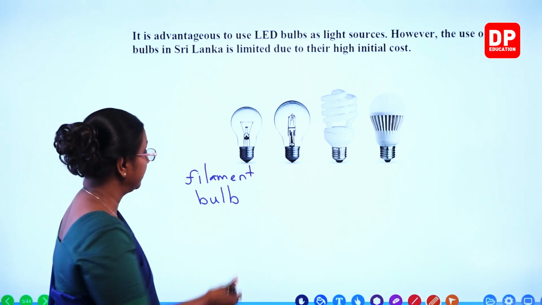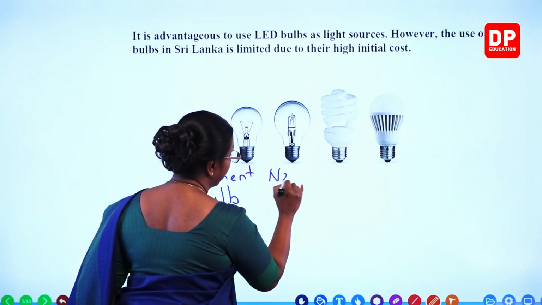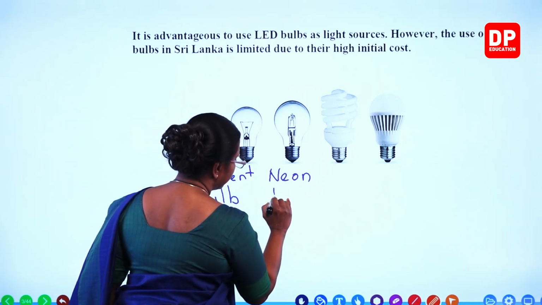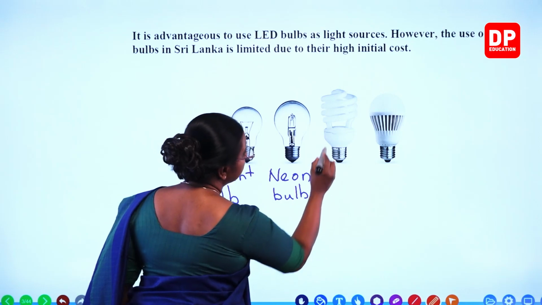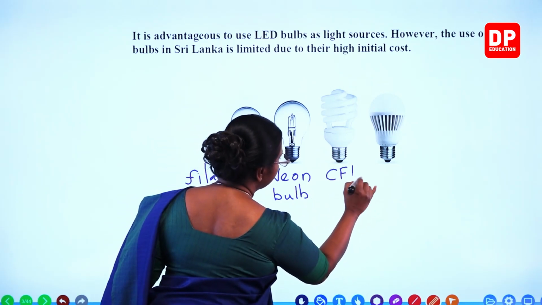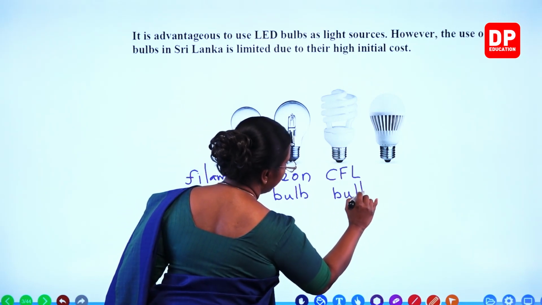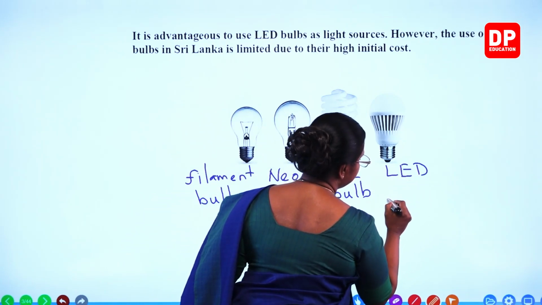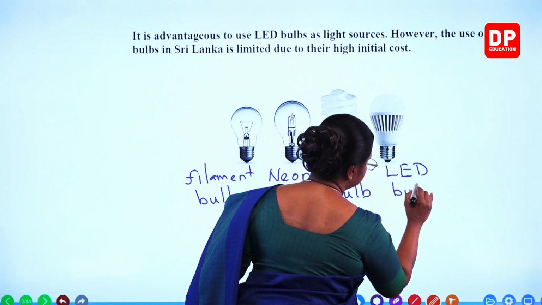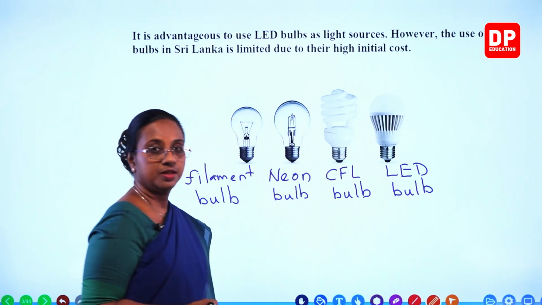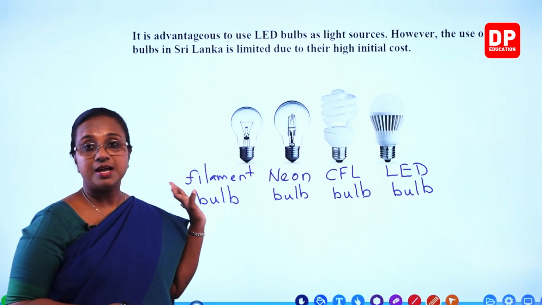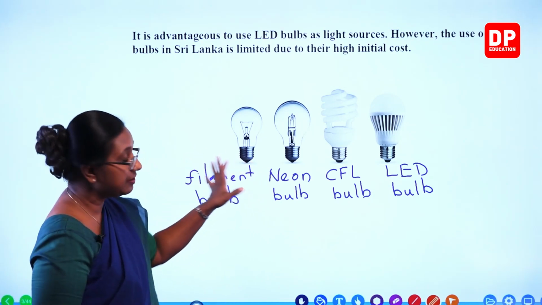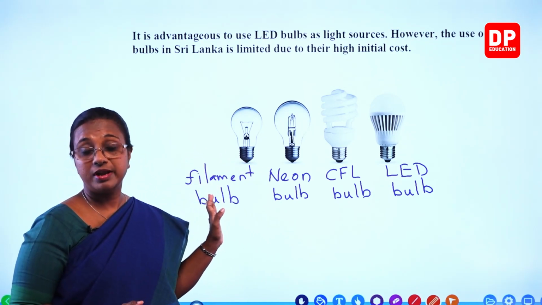When we did an activity, we used a neon bulb. Then this is a CFL bulb or CFL light, and this is an LED, light emitting diode. LED bulb.